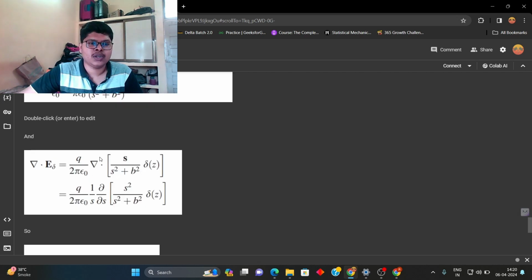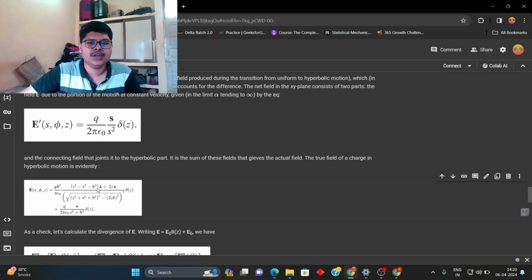So the actual electric field of a charge in hyperbolic motion turns out to be q b squared divided by 4 epsilon naught times the bracket (z squared minus s squared minus b squared) closed, z in the z direction, plus 2 z s in the s direction, divided by the same denominator.